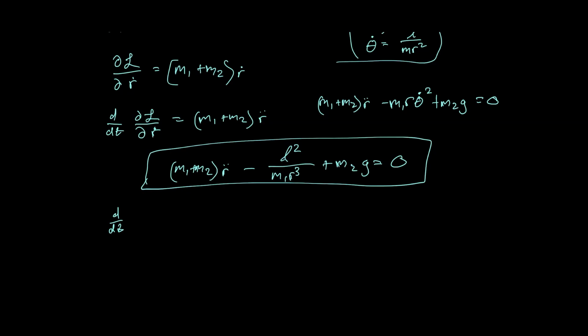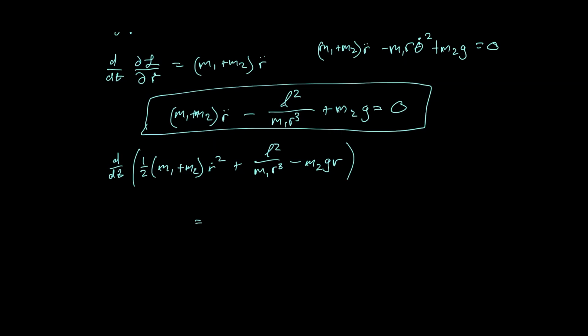Now if you take the first time derivative of this, like the book is asking us to do, and (m1 plus m2) r dot squared plus L squared over m1 r squared minus m2gr, then you end up getting (m1 plus m2) r dot r double dot minus L squared over m1, oh sorry, this is squared.